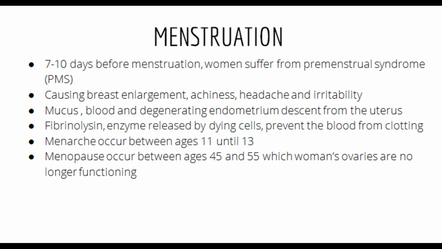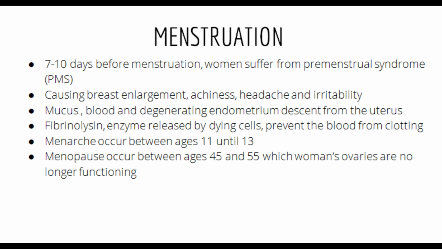So I will explain a little bit about menstruation. Okay, so 7 until 10 days before menstruation, women will suffer from premenstrual syndrome, which is PMS. Mostly this happens to almost all women, and this is actually a common event that happens to them. The signs will include breast enlargement, acne, headache, and also irritability.